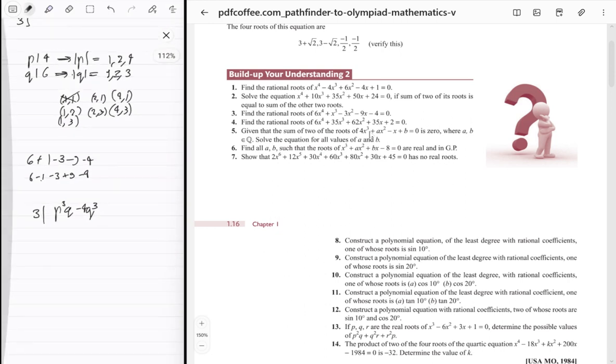Right. So when can this happen? I mean, 3 divides q times of p cube minus 4q square, right? So either p divides q or it divides this. Wait, it's co-prime with that.